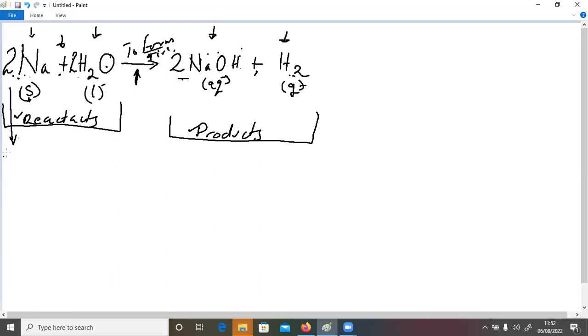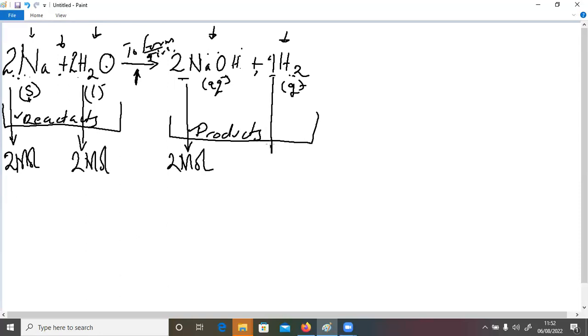This one tells me that I have 2 moles of sodium reacting with 2 moles of water to produce 2 moles of sodium hydroxide, and to evolve, there is a one there which we don't write, but it's implied, 1 mole of hydrogen gas.